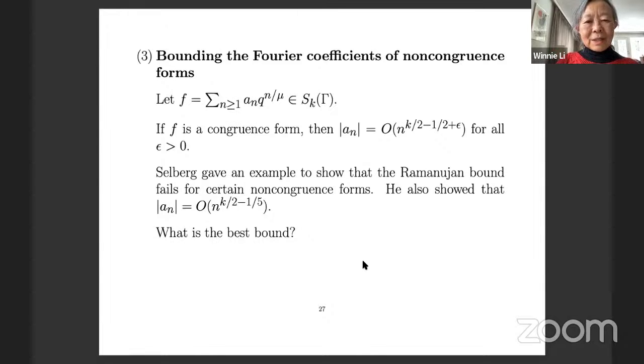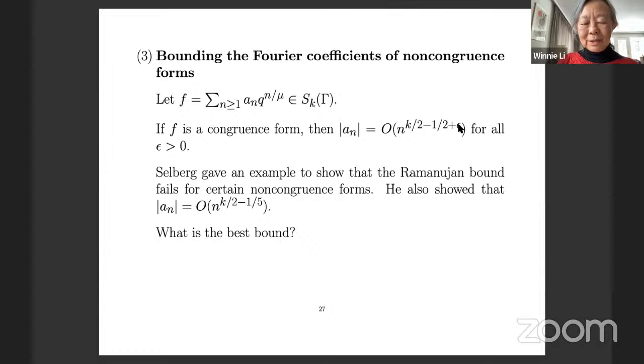The third question is bounding the Fourier coefficients of non-congruence forms. We know that for congruence forms, because the Ramanujan conjecture holds, the Fourier coefficients a_n are bounded by n to the (k/2 - 1/2 + epsilon) for all positive epsilon.